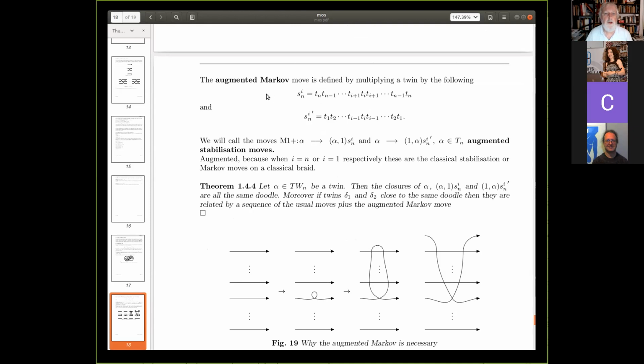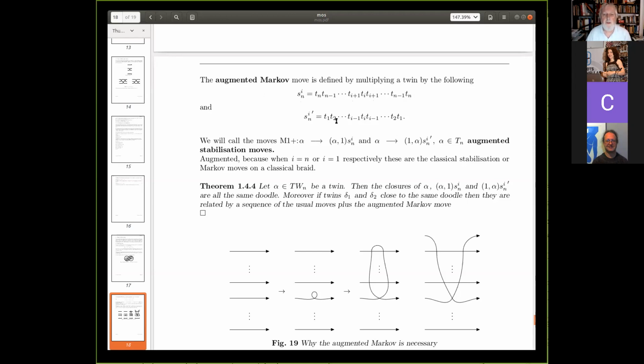Well, we need a new move. The augmented Markov move is defined by multiplying a twin by these two twins here. So this is t(n-1) all the way down to ti and then back up again.